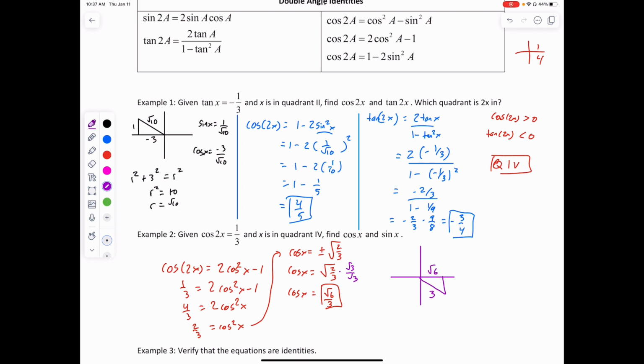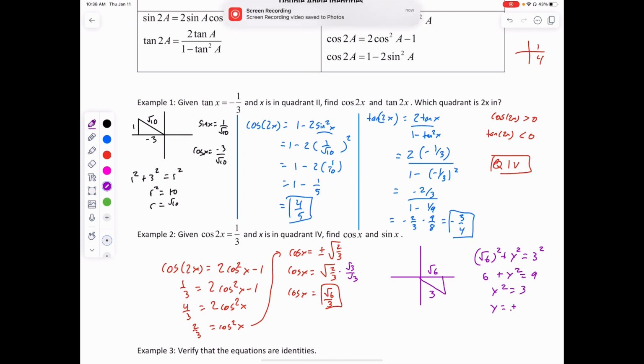Using the Pythagorean theorem, radical 6 squared plus the missing y squared must be equal to 3 squared. That's 6 plus y squared equals 9. y squared is equal to 3, so y is equal to plus or minus the square root of 3. Because we're in the fourth quadrant, it's going to be the negative one specifically.